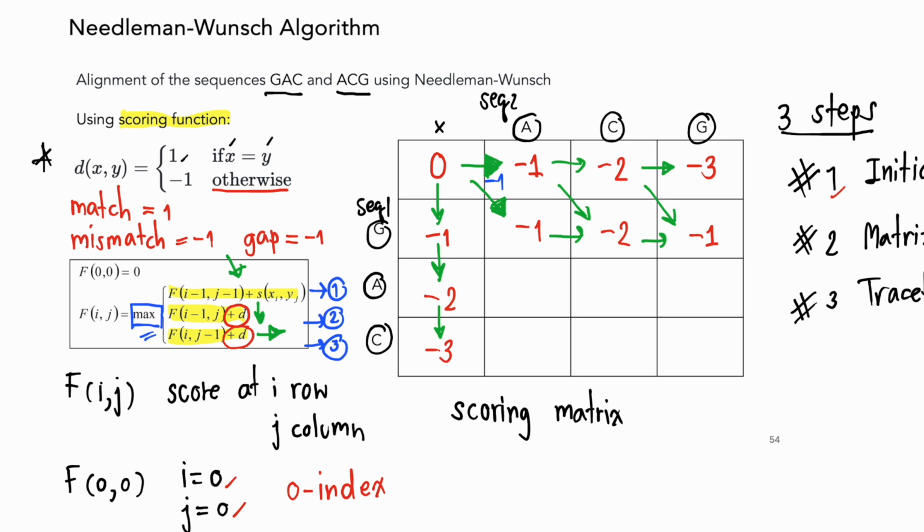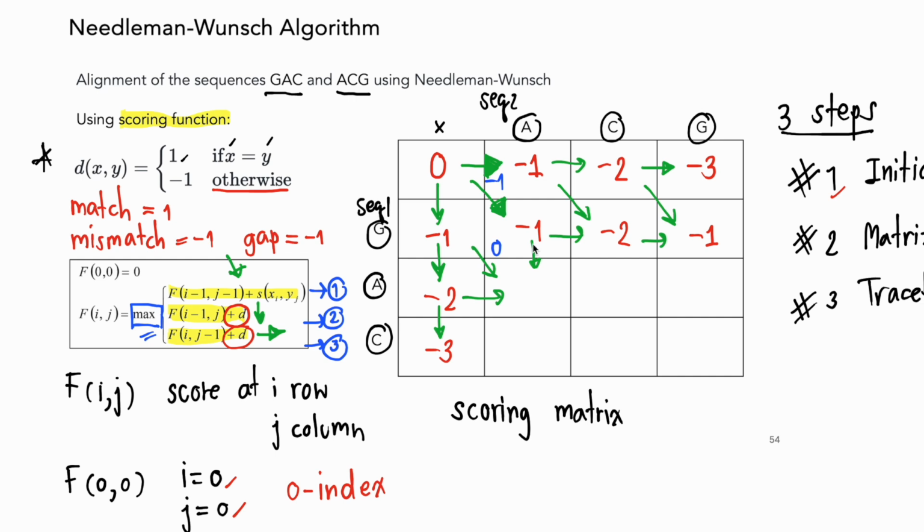From this cell, we have to consider the value from 3 directions. Let's look at the diagonal one. We have to consider the nucleotide sequence, which is A and A, so it's matched. -1 plus 1 will be 0.